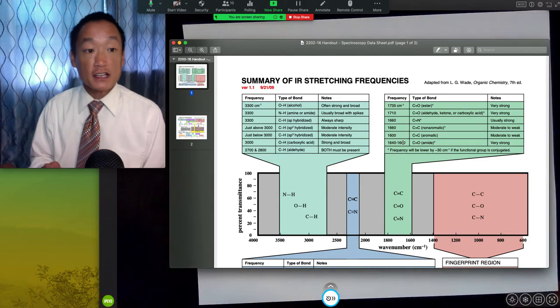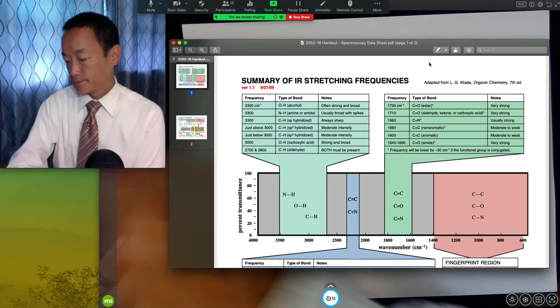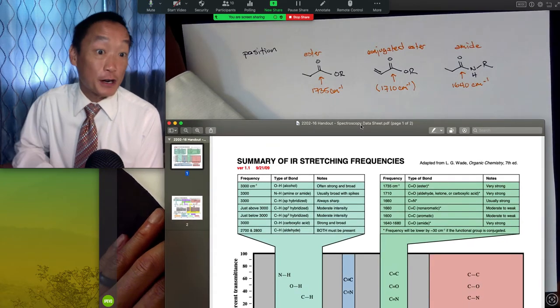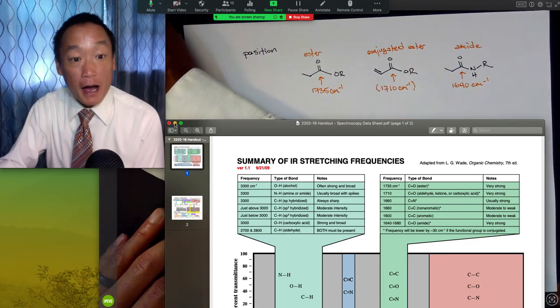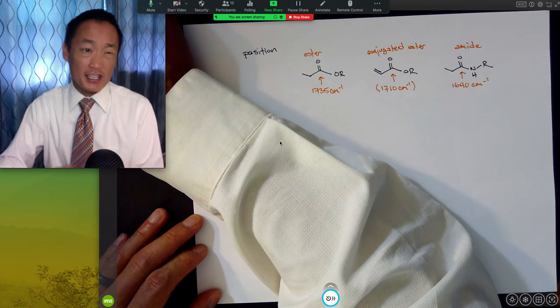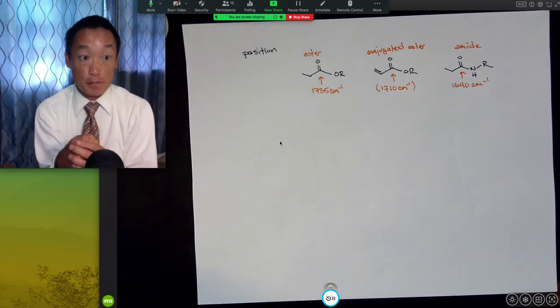And so I guess what I'm asking is, if we're looking at the carbonyl center of this molecule, I was telling you a carbonyl should have one stretch that should appear at the same place.